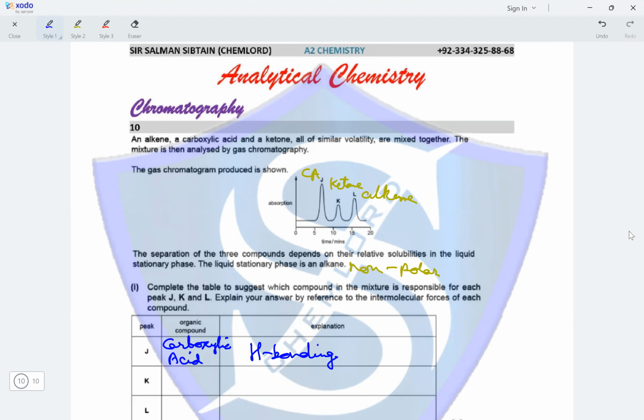So it will be the one that is the least soluble in the alkane. The next compound K would be the ketone, because it will not have as strong an intermolecular force as hydrogen bonding, but it would have dipole attractions present.